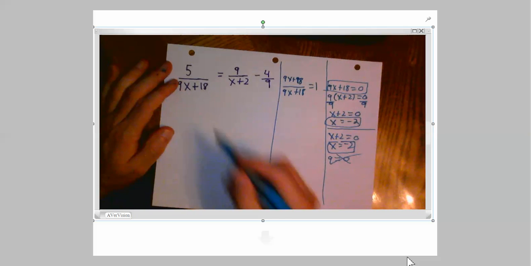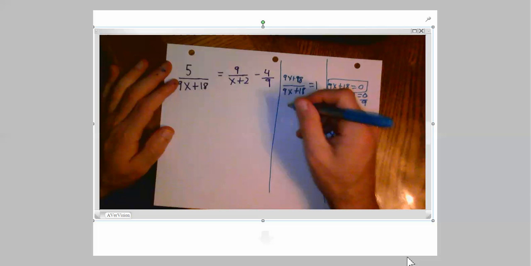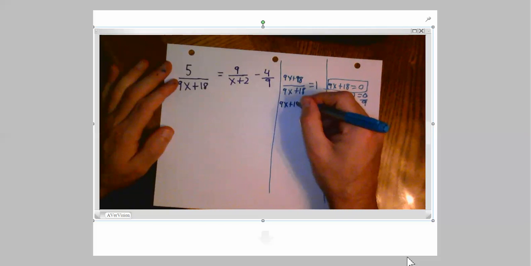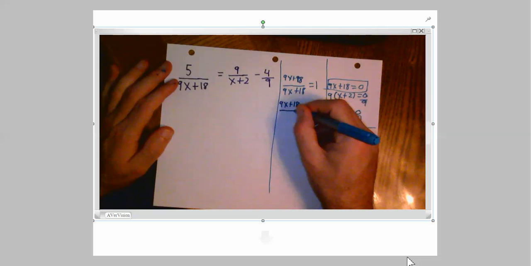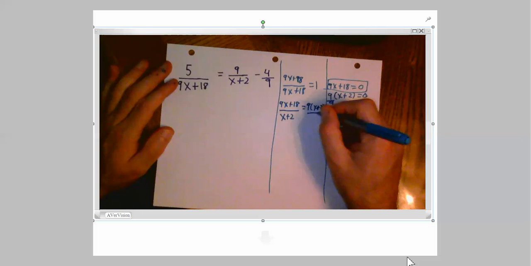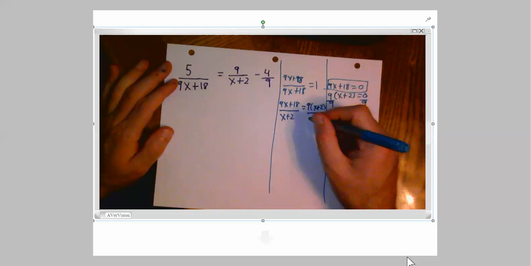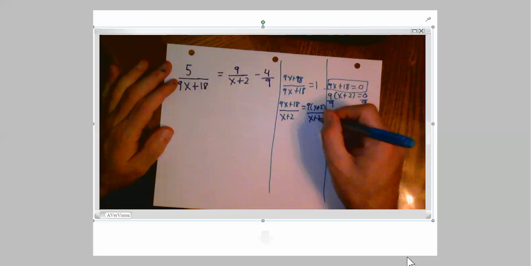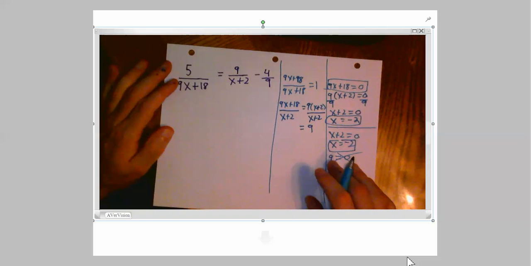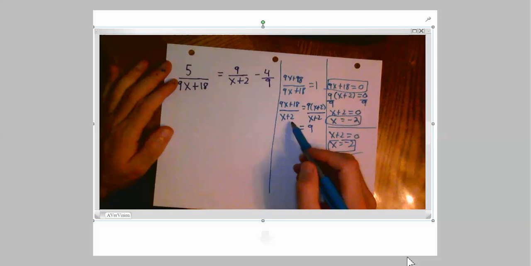So it's divisible by the first denominator. We know that 9x plus 18 divided by x plus 2 is equal to 9 times x plus 2 divided by x plus 2, which is equal to 9. So 9x plus 18 is divisible by x plus 2.